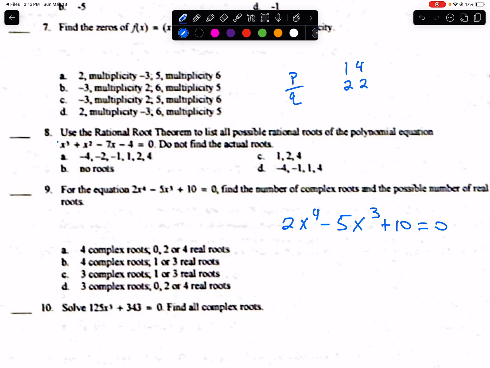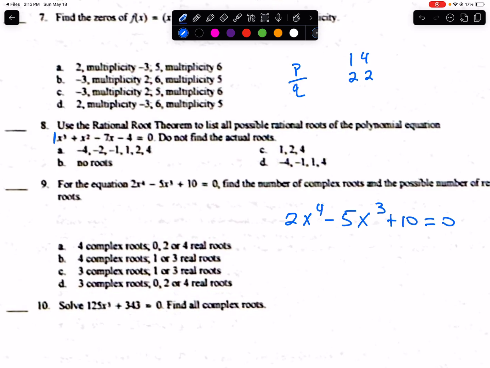And then you do factors of the leading coefficient, the one with the highest exponent. The P is the end one. So these are all the P. The Q part is going to be 1. So we put all these different things over 1, and you do plus or minus of every single one of those.